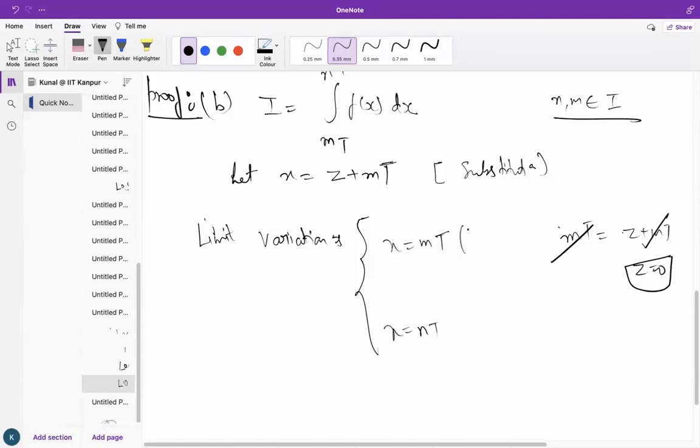This is for the lower limit, and this is for the upper limit. So nT = z + mT.